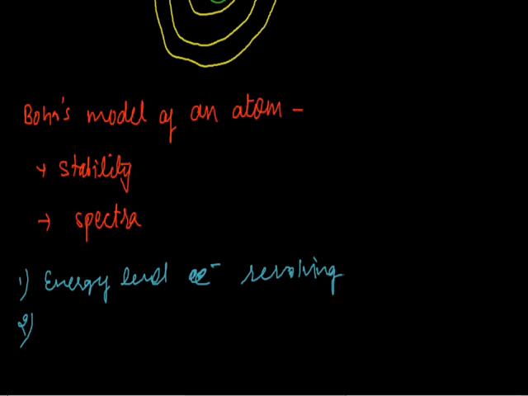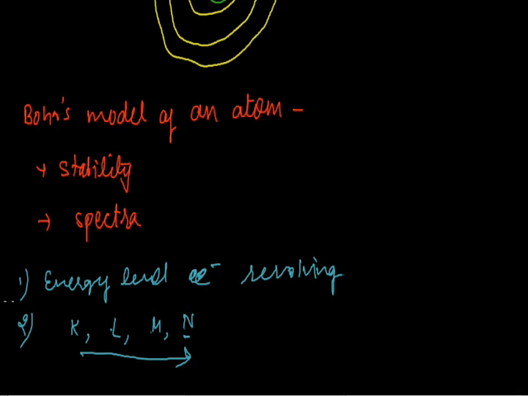Therefore, shells are named K, L, M, N, starting from the one closest to the nucleus. There are 4 shells, K, L, M and N. The K shell is nearest to the nucleus, L is farther from the nucleus, then M, and the farthest from the nucleus is the N shell. Now as you go from K to N, the energy of the electron increases.